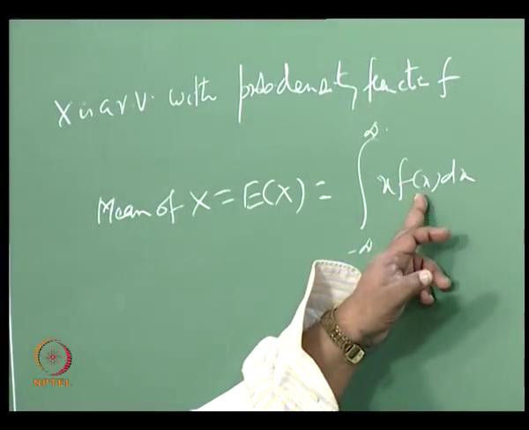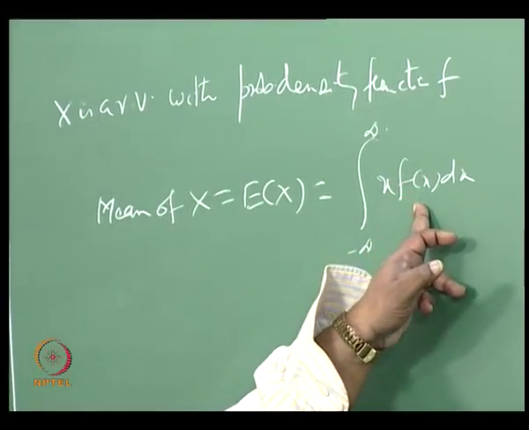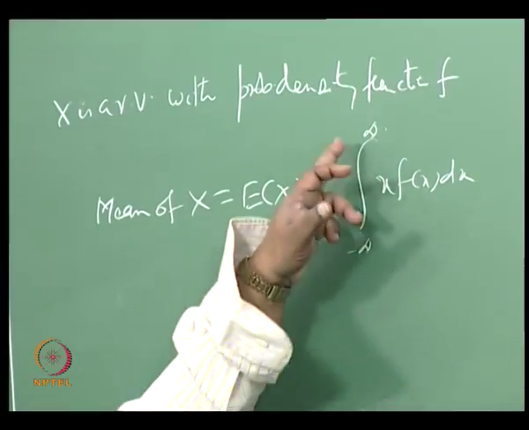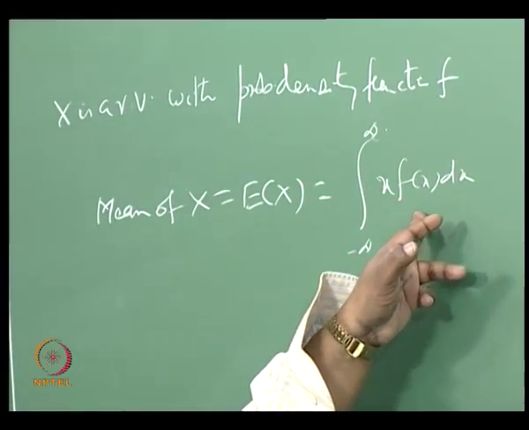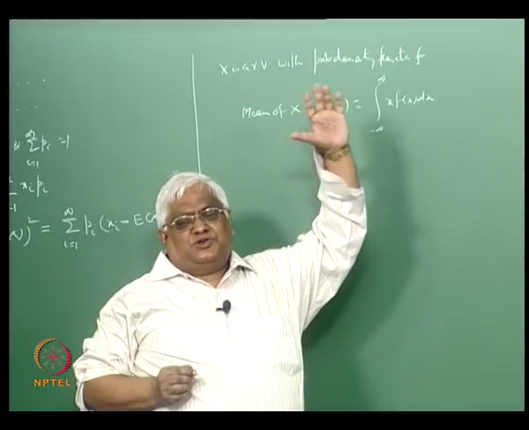Suppose X is a positive random variable, that means from minus infinity to 0 the density is anyway 0, and from 0 to infinity it is going to be positive.